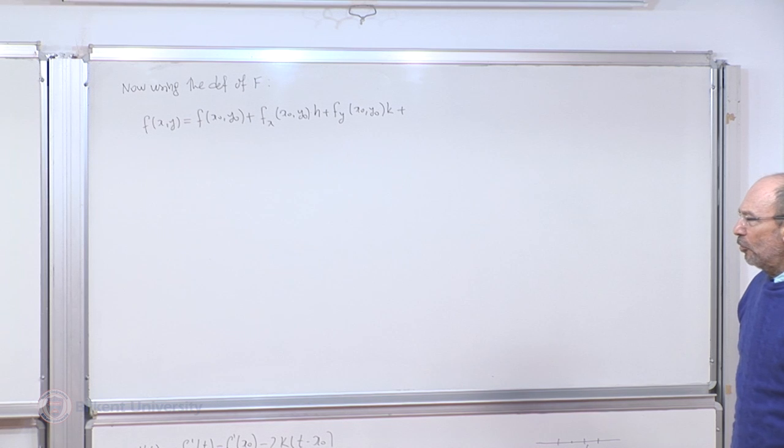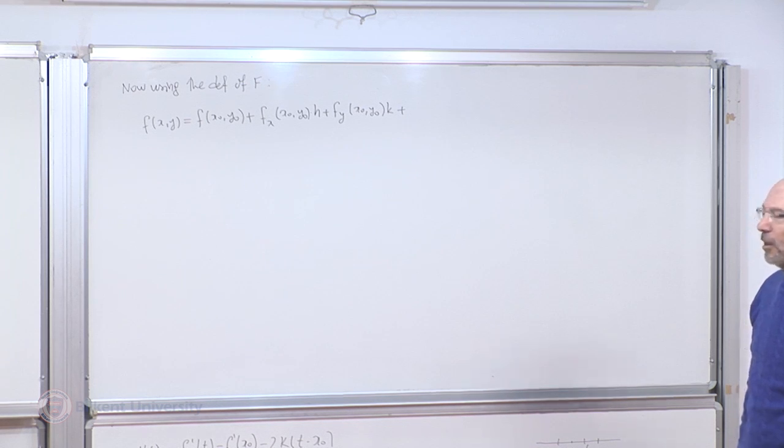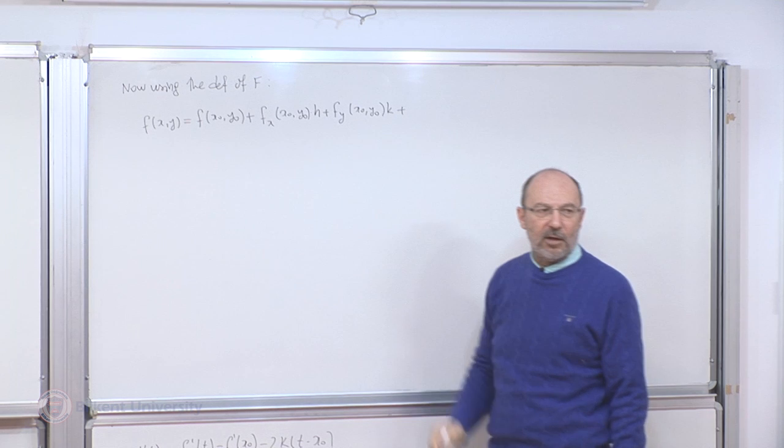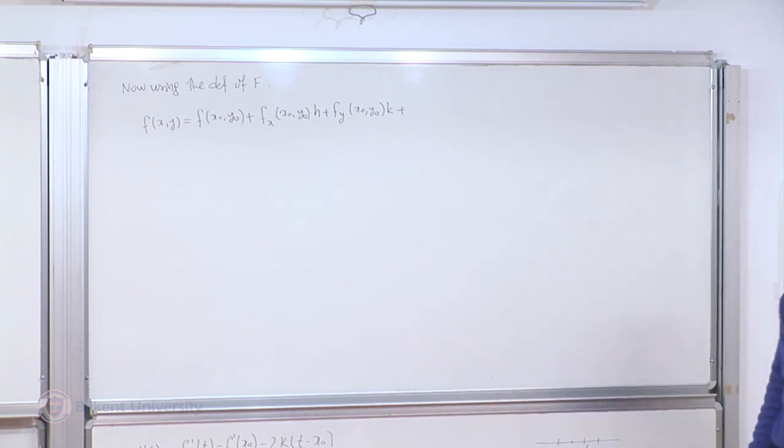Things are looking good so far, because I'll apply this at a critical point, since local minimums and local maximums appear among critical points. At the critical points, these will be 0, so I will not have these terms.